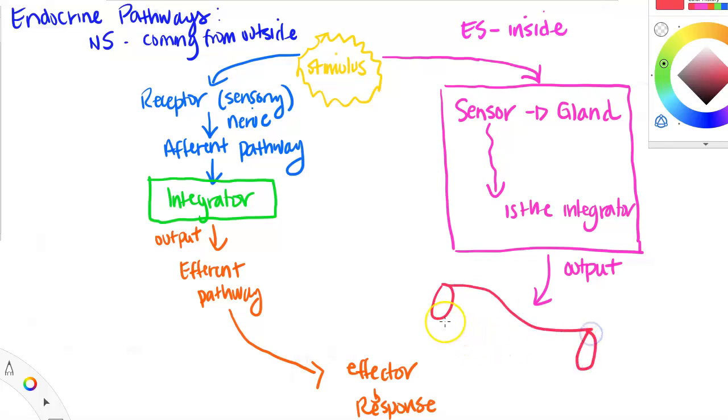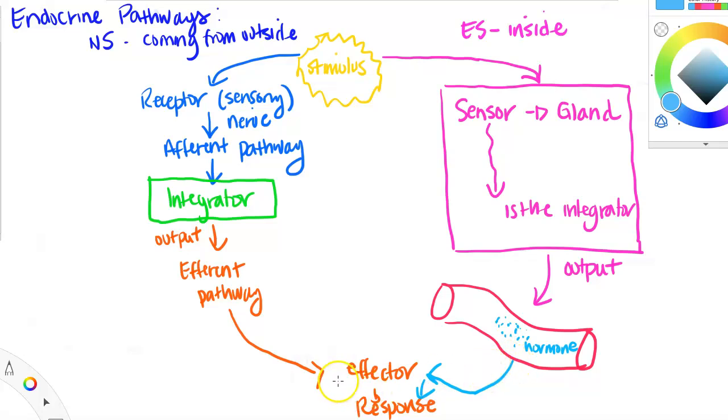So that's a blood vessel there. So it will dump the hormone into the blood. The blood will carry that hormone to the effector, which is any cell that has a receptor for that hormone, which could be many. Okay, and then that will create the response.